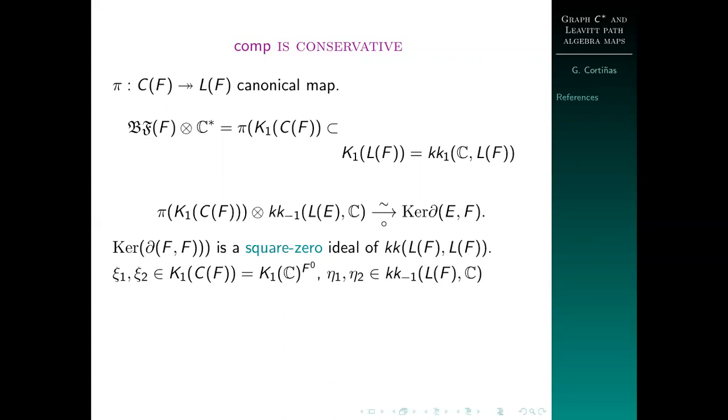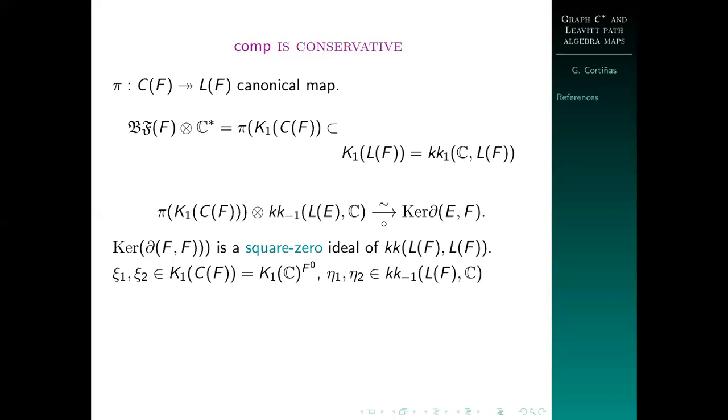Why is this? So say I fix F, and I have two elements in this kernel, and I want to multiply them and see that it is zero. So it suffices to check this for the image of two elementary tensors in this isomorphism that I wrote above.